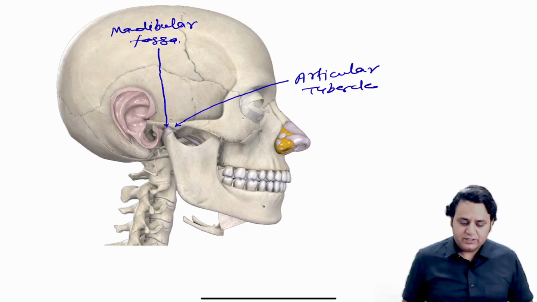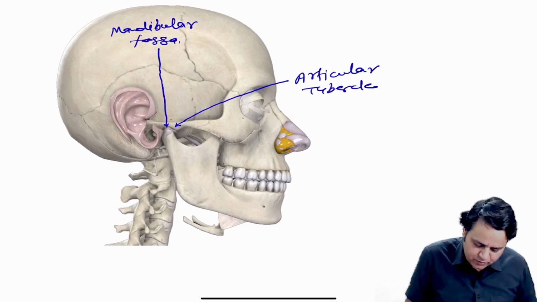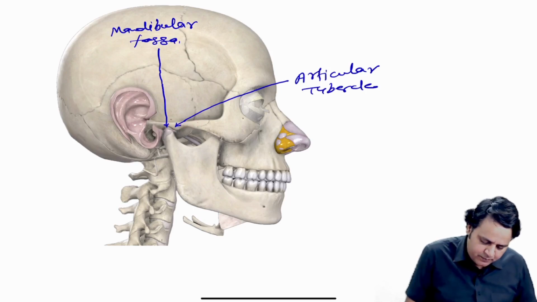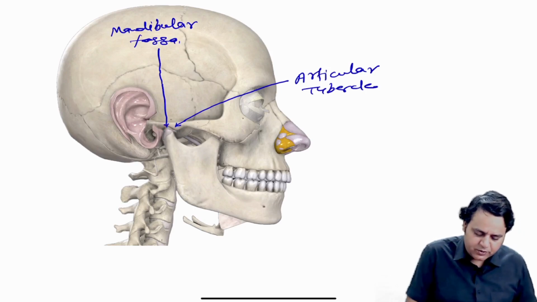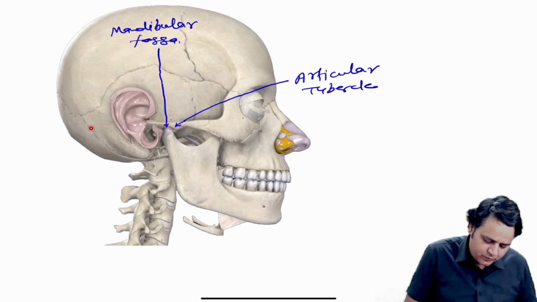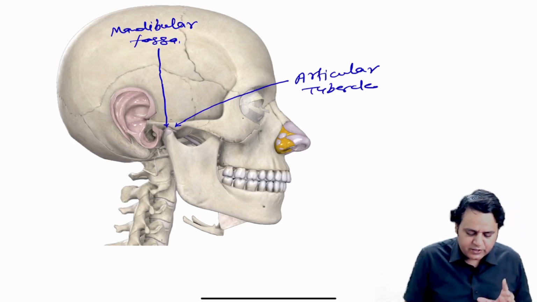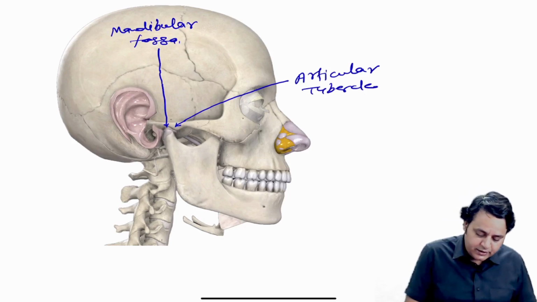As you can clearly see, this articular tubercle is part of the zygomatic bone, but this mandibular fossa is part of the squamous part of the temporal bone. This is the temporal bone and this is the mandibular fossa.